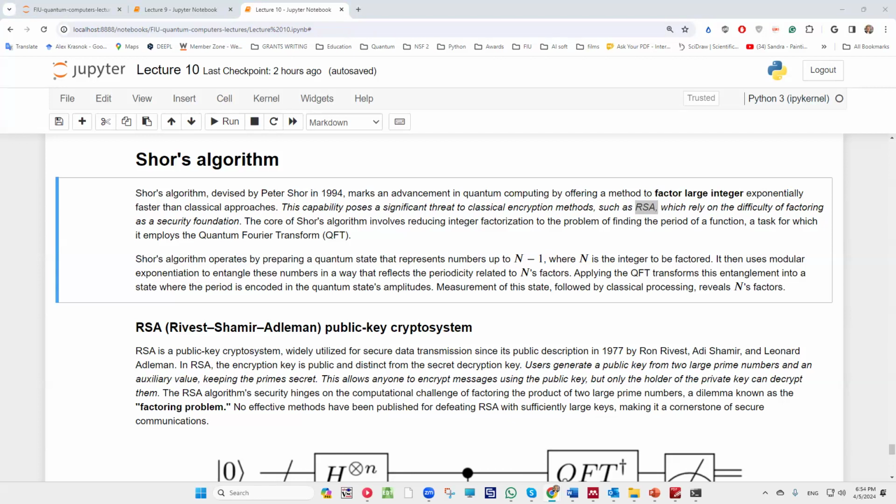Technically, when you do the transaction, your computer, your smartphone, sends a first big prime number over the public channel. So everyone can receive this information.